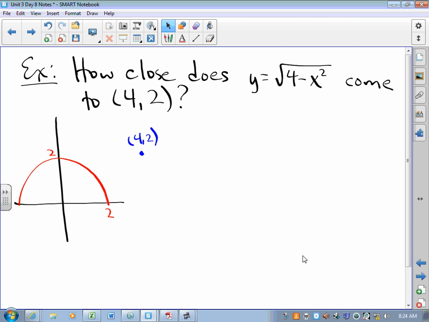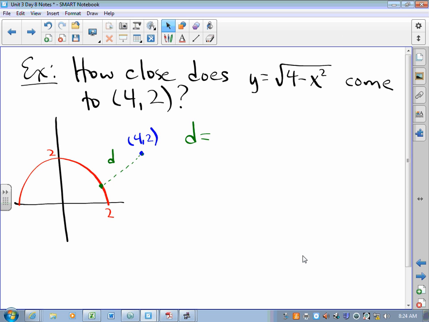We imagine that it's this distance here. I mean, we imagine that, but I don't know how to figure that out unless I have some expression for distance. So let's remind ourselves, based on everything we've done so far, what it is that we are about to do.